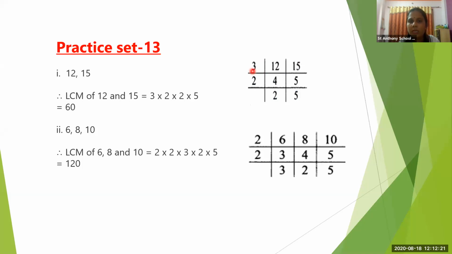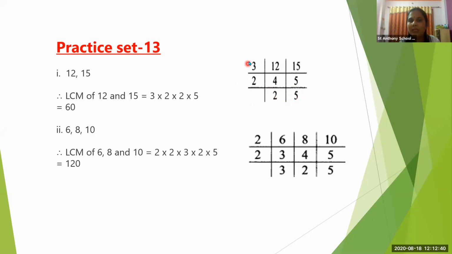Like this, 3 and 2, and the numbers 2 and 5 will remain as they are. The left hand side numbers will be your HCF, 3 twos are 6. And for the right hand side numbers, if you take all of them, 3 × 2 × 2 × 5, that will be your LCM.